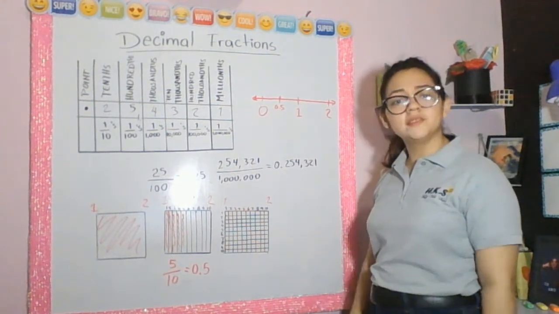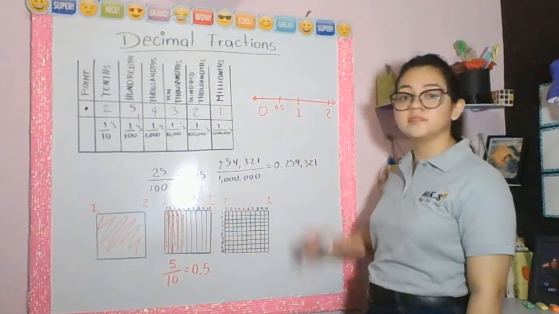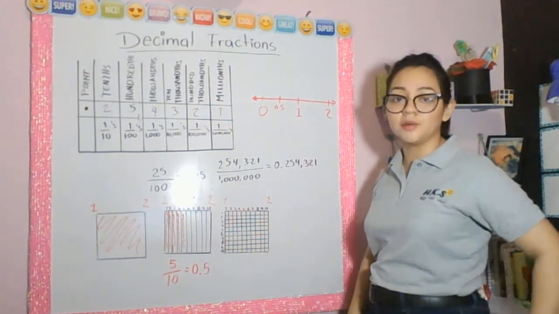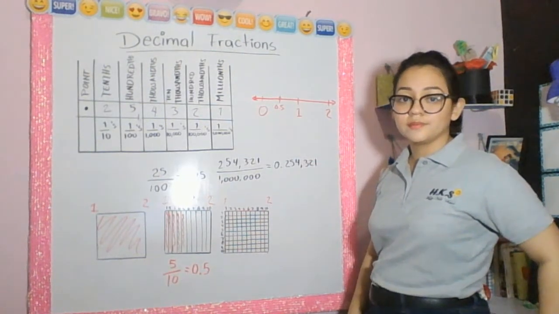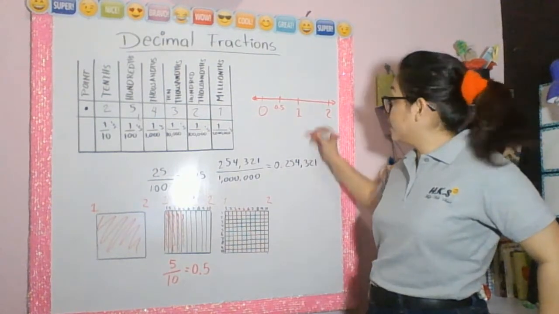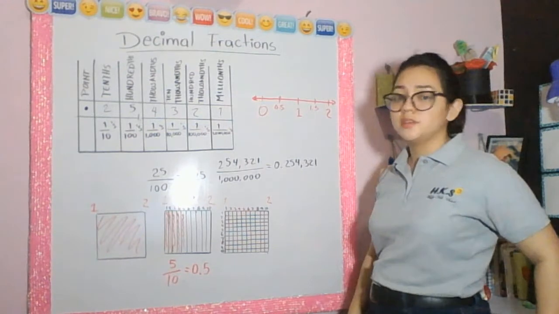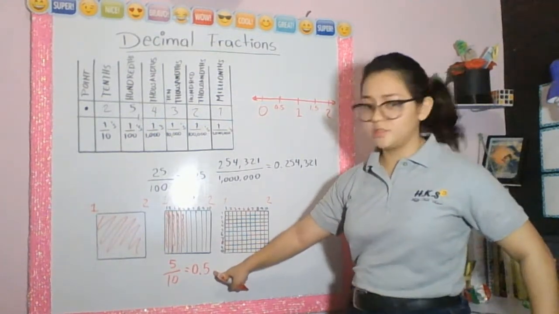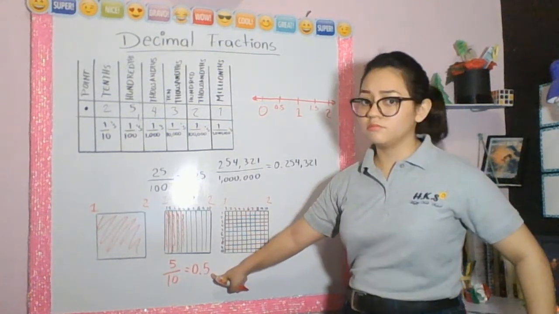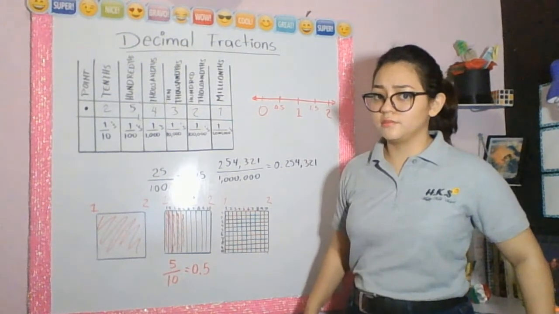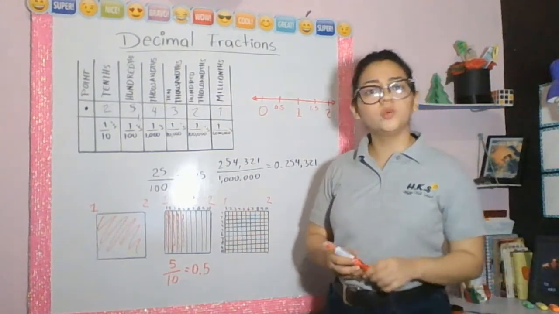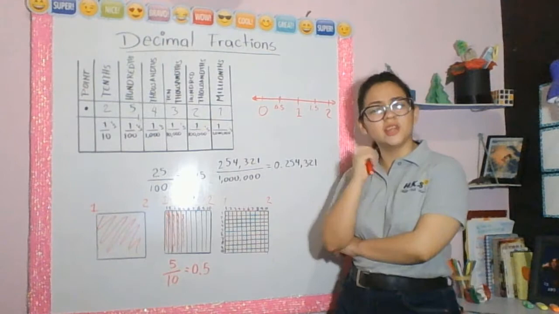Where do I place 1 and 5 tenths in this number line? In the middle, right? Here. 1 and 5 tenths. But in here I have 0 and 5 tenths. What happened there? What do I do? ¿Qué sería lo que debería de hacer?